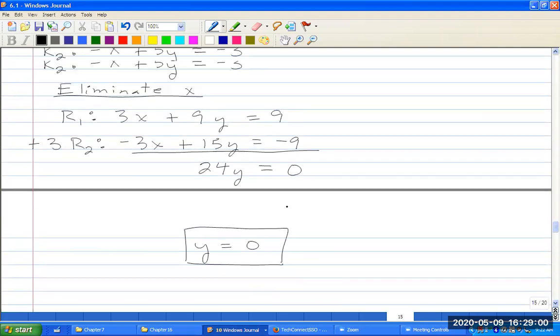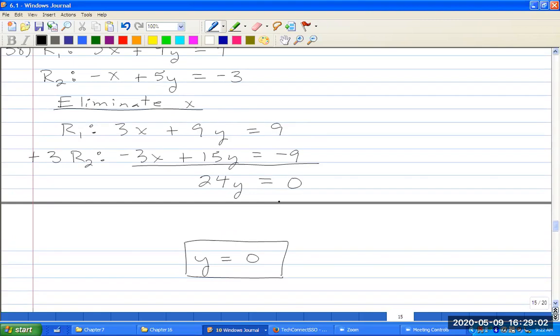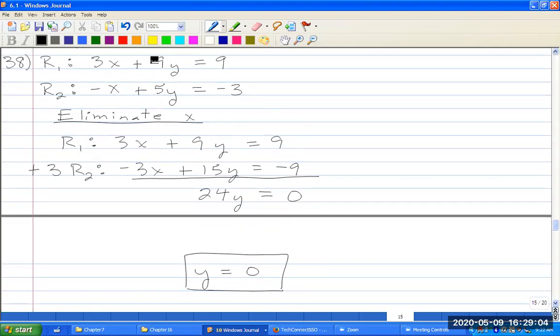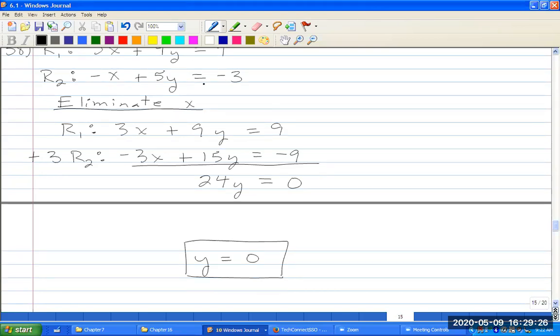Now I can plug into any equation I see up here, so long as it has one variable that's unknown once I substitute for the variables that I do know. In this case, the easiest is probably R2. So let's substitute into R2.